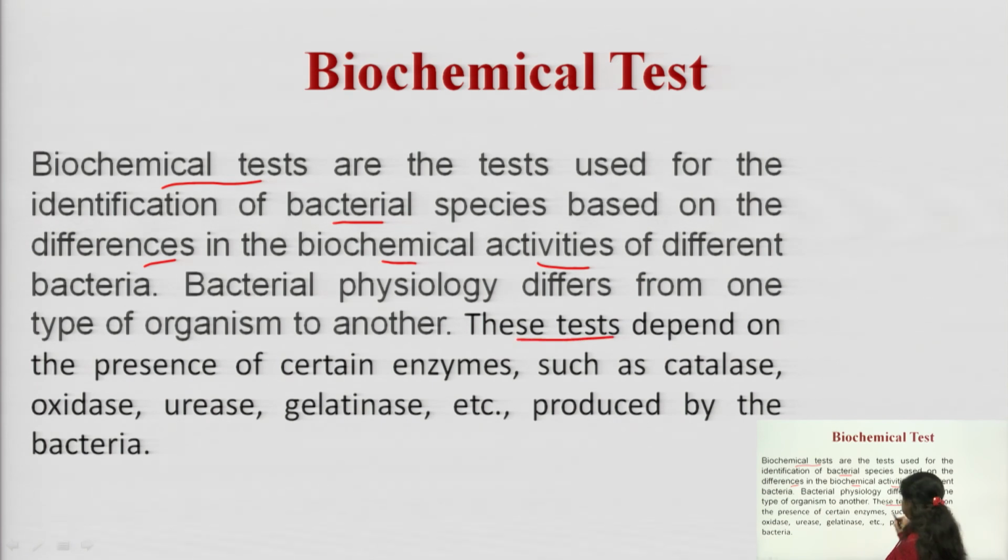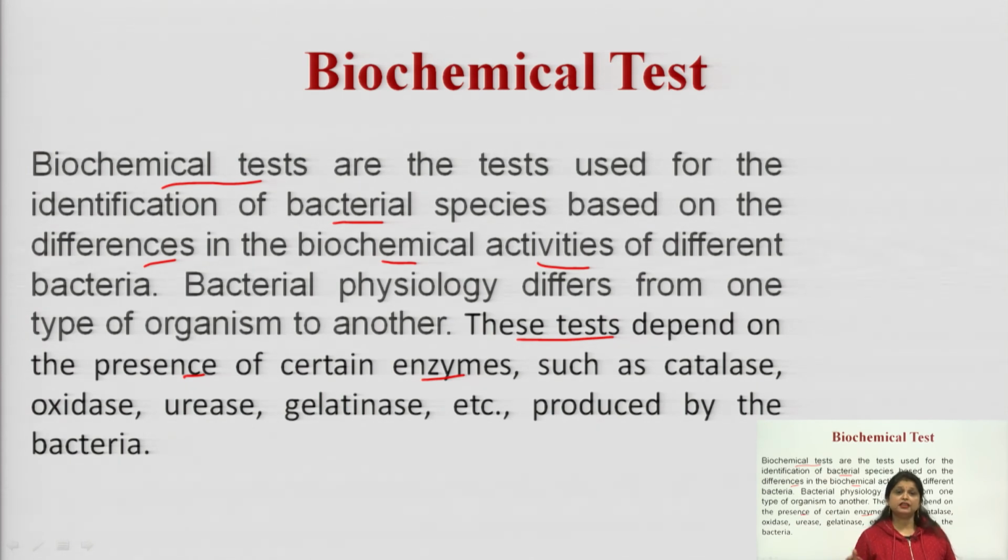These tests mainly depend upon the presence of certain enzymes. Some bacteria always release catalase enzymes, some may release tryptophanase enzymes, and some may release oxidase, urease, or gelatinase enzymes.